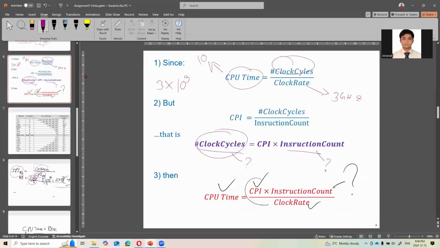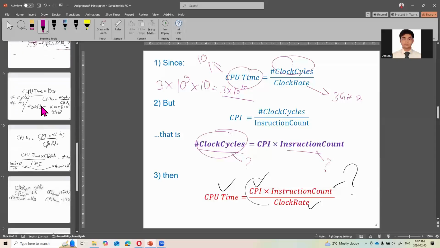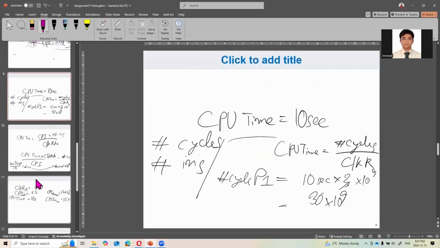So 3 into 10 to the power 9 into 10 is 3 into 10 to the power 10. That's the number of clock cycles. There's no unit for this one. And we did the solve here.